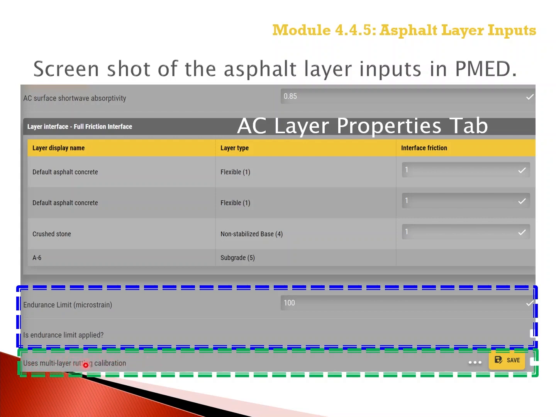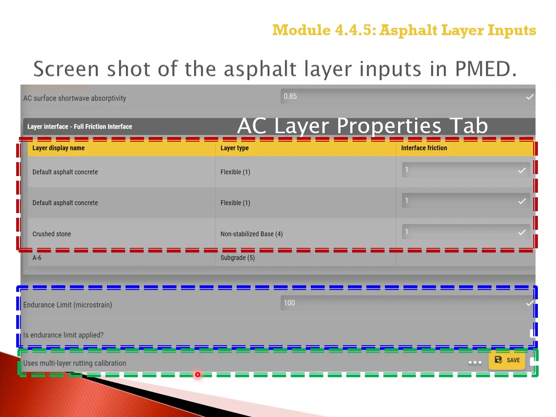If a single set of rutting calibration coefficients were used for all layers in the flexible pavement structure, then for design, those same coefficients should be used for the design process. The final input parameter included on this slide is the condition of the layer interface, which is a construction feature and not a material property. It will be discussed and defined under Module 6 on flexible and semi-rigid flexible pavement design strategies.